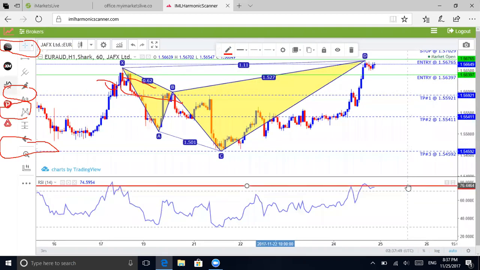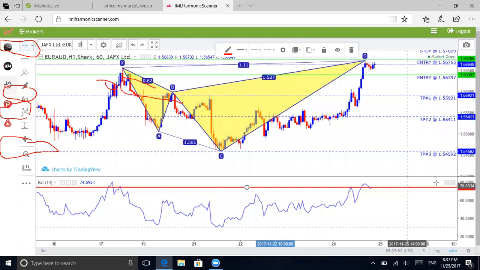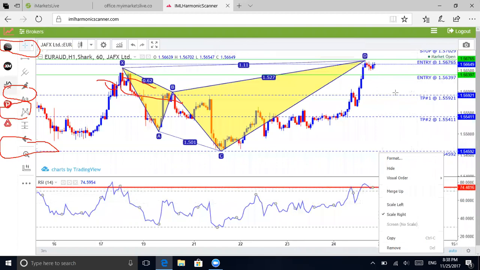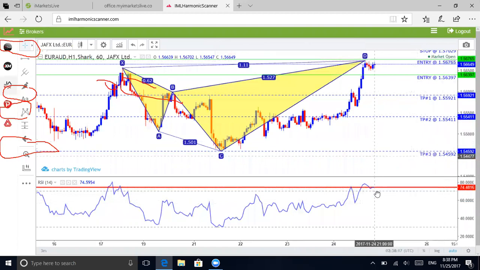If I move it up to where the price is right now, it is 74. So you can write this down, it's actually good. If RSI is between 60 and above, 80, 100, whatever it is, you want to buy. That's what I was saying. This RSI is pointing up, so that means the market has not reached up where it wants to go before it turns around and comes down. Does that make sense?